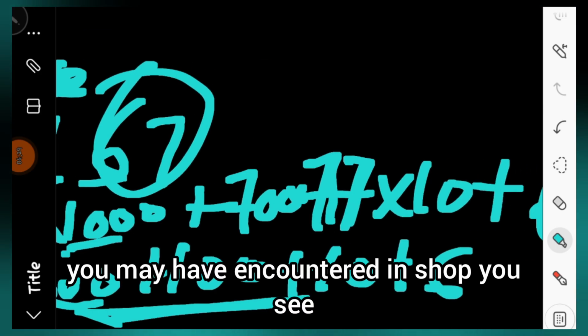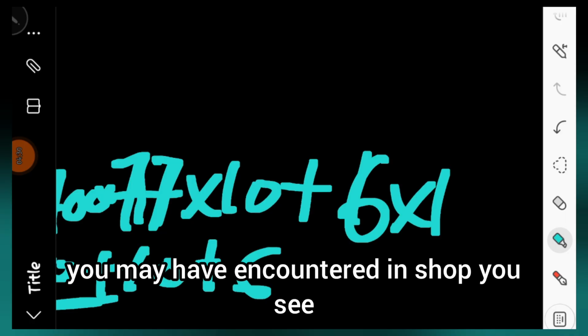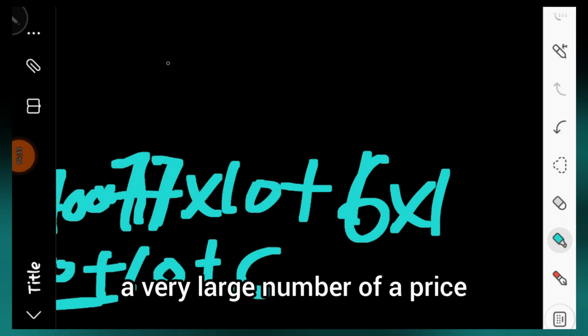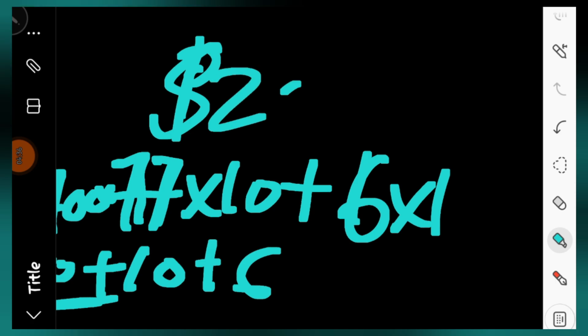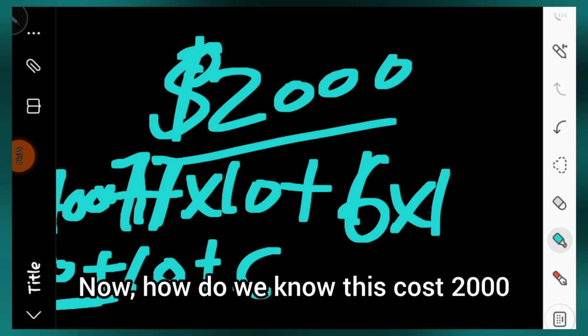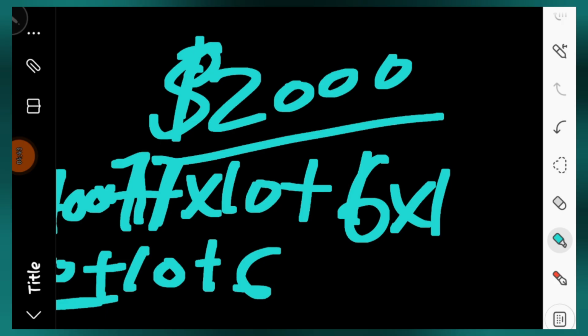You may have encountered in a shop, you see a very large number of a price. Let's say a TV costs this much. Now how do you know this costs 2000? Is it called 2000?